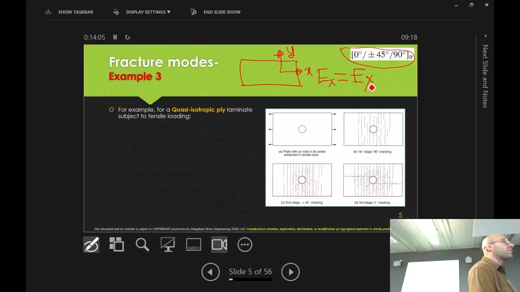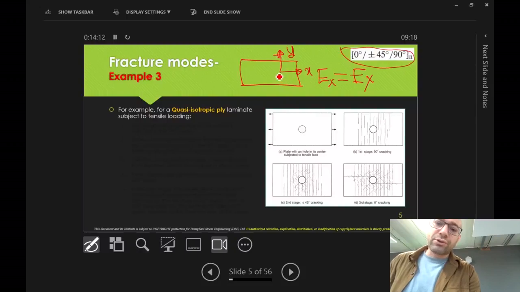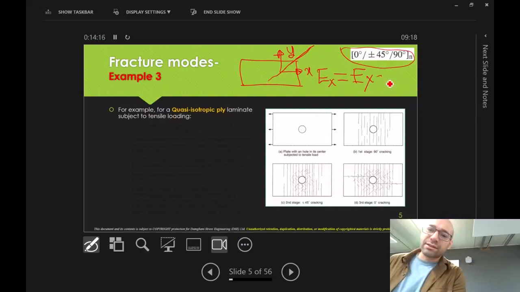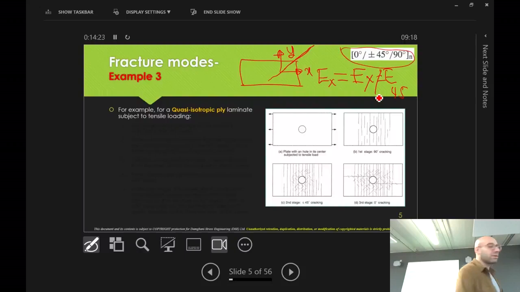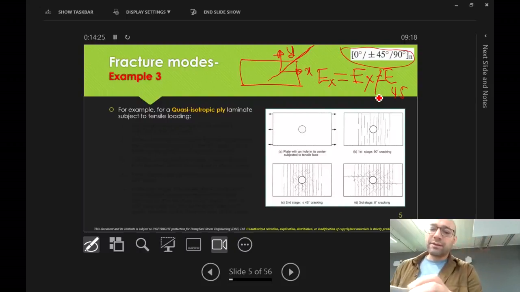It's not an isotropic material, it acts like an isotropic material. For example, if you wanted to find the modulus of elasticity in that direction, it's not going to be the same as the modulus of elasticity in the 45 direction. That doesn't hold valid, whereas in an isotropic material, it is valid. It's a coarser one. It's not exactly isotropic.